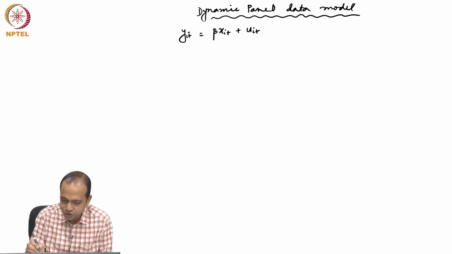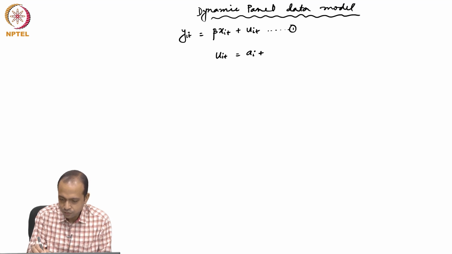Let us say this is equation 1, and we assume u_it equals a_i plus v_it.